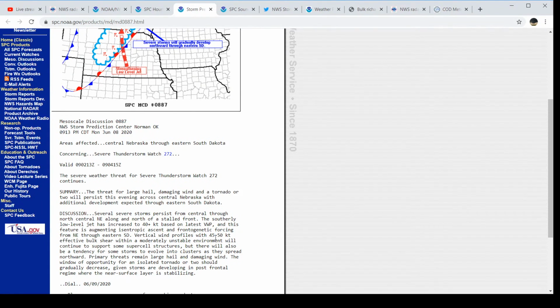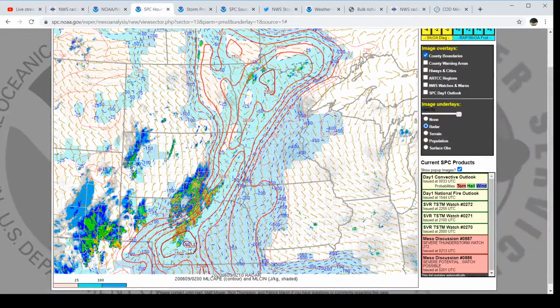Vertical wind profiles with 40 to 50 effective bulk shear within the moderately unstable environment will continue to support more supercell structure. But there will also be a tendency for some storms to evolve into clusters as they spread northward. Primary threat remains large hail and damaging winds. The window of opportunity for an isolated tornado or two should gradually decrease, given storms are developing in a post-frontal regime where the near-surface layer is stabilizing. Yep, that means that cold pool is starting to strengthen.